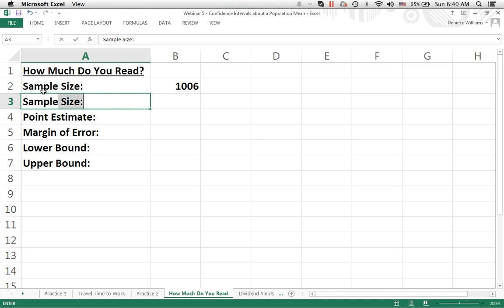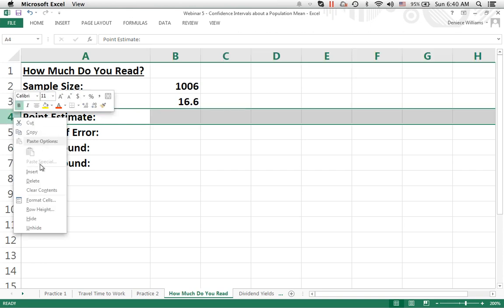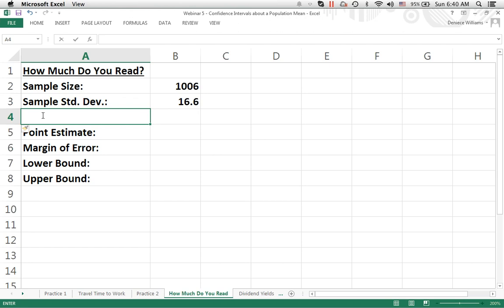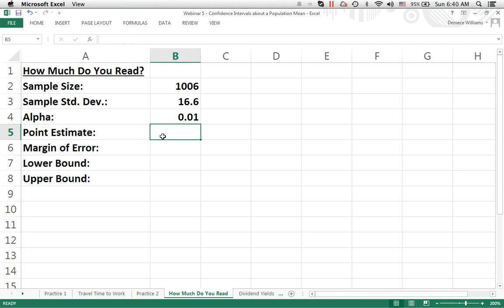My sample standard deviation is 16.6. And my alpha, because this is a 99% confidence interval, instead of the 0.05 we've been using, is now 0.01. The point estimate is the sample mean, and that's equal to 13.4.